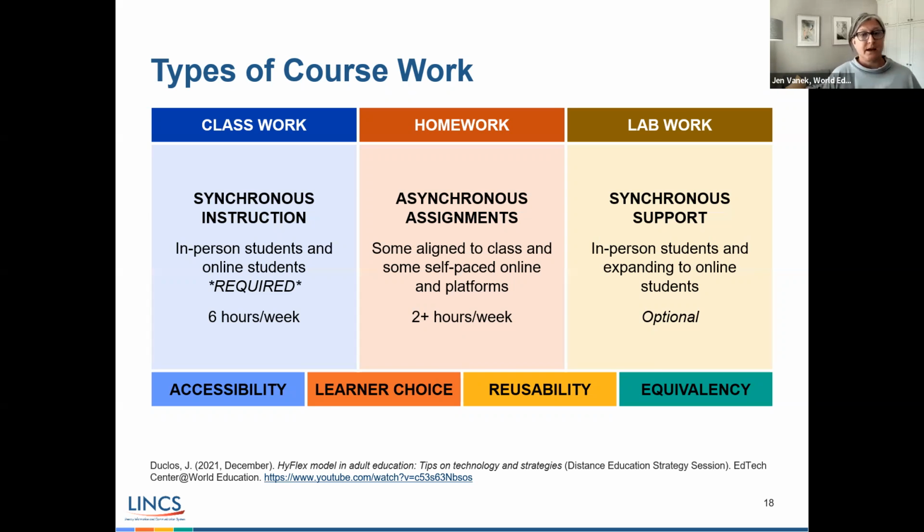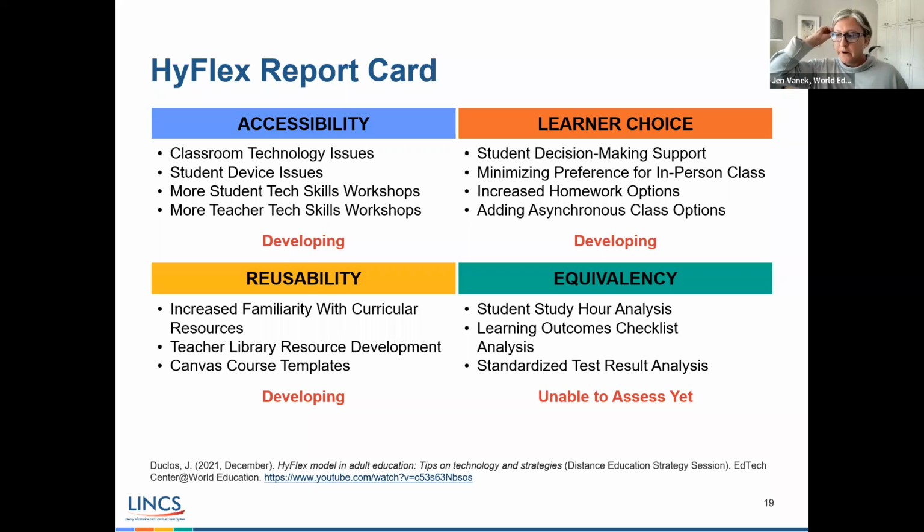Next slide, please. All right, with an eye to Beatty's model, Jennifer is using this framework again to gauge the progress she's making to deliver quality and relevant HyFlex instruction. This is a slide based on one that was shared in December.